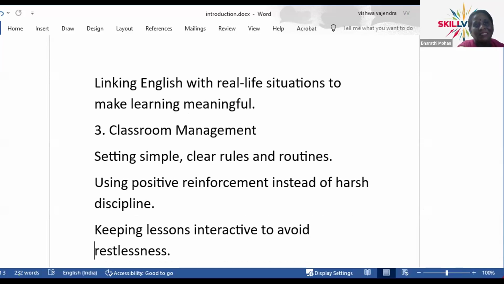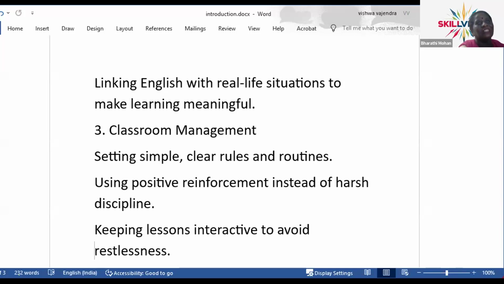Can anyone type in the chat box how many minutes a child can concentrate? Maximum concentration. Can a child concentrate for all the 40 minutes? Any answers?